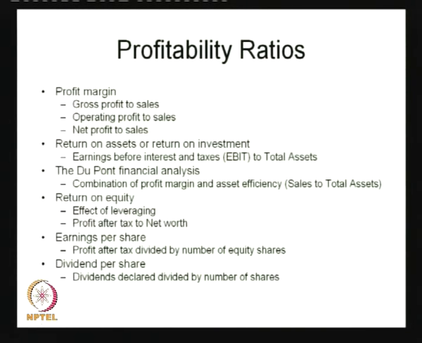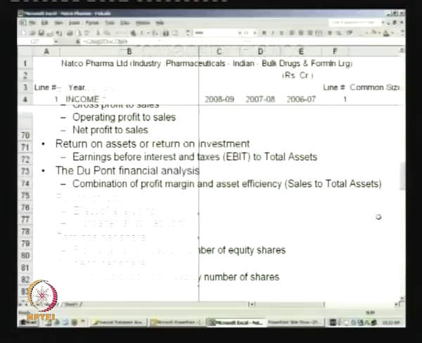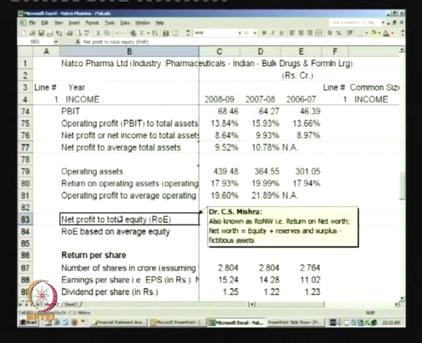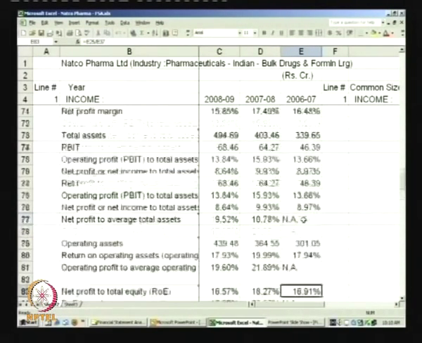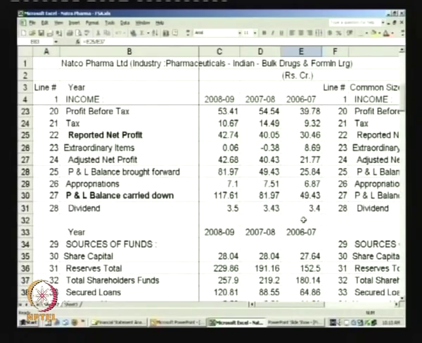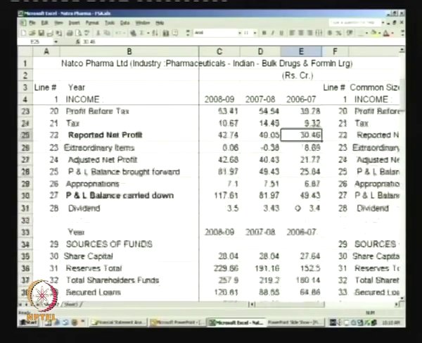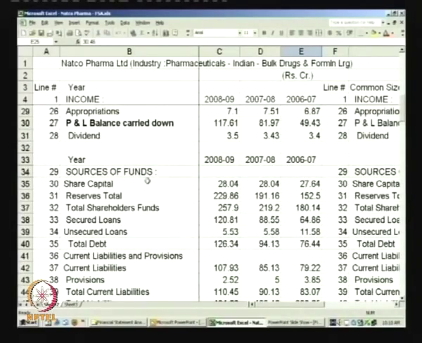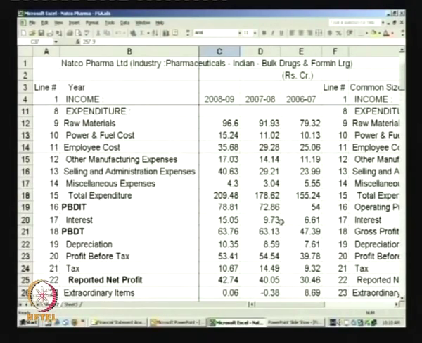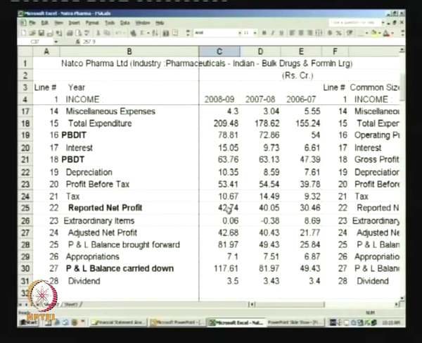So, if you go back to our Excel sheet, we will find the return on equity of this particular company, which was 16.91%, based on profit after tax, that is the reported profit of 30.46, on equity of the company, that is nothing but total shareholders' funds, given as 180.14 in 2006-7, and similarly 257.9 crore in 2008-9, and this is the denominator, whereas the reported profit of the company is 42.74.